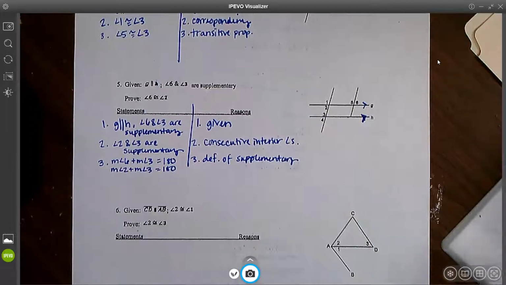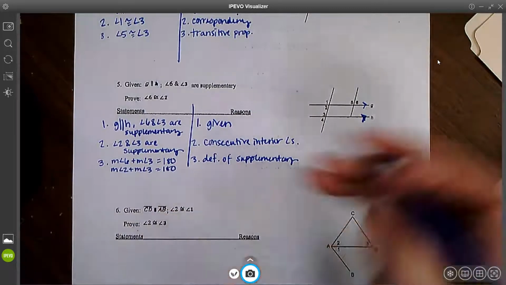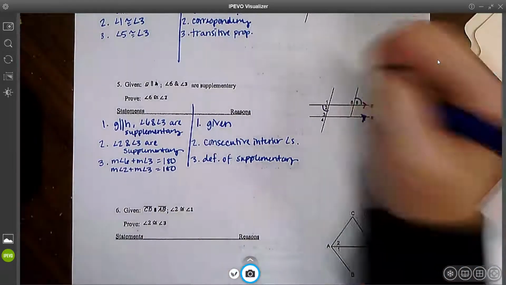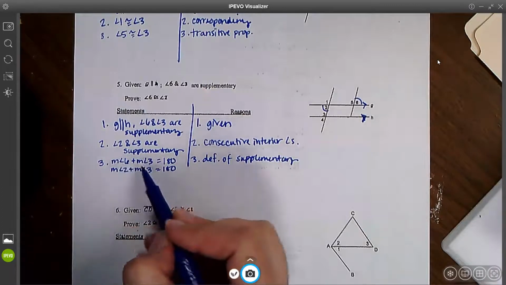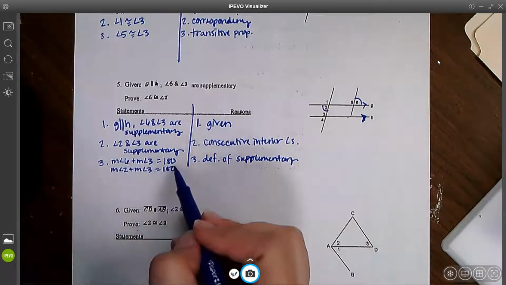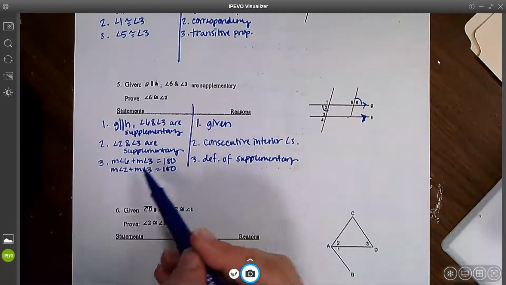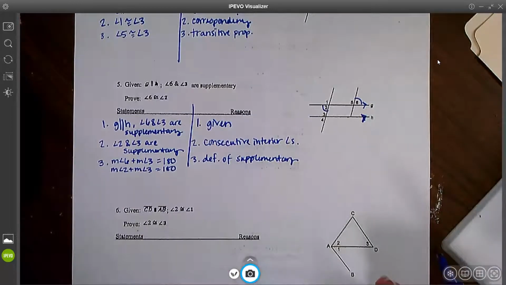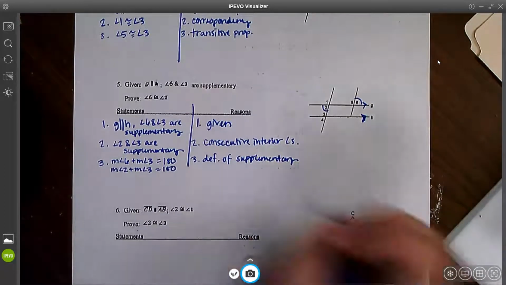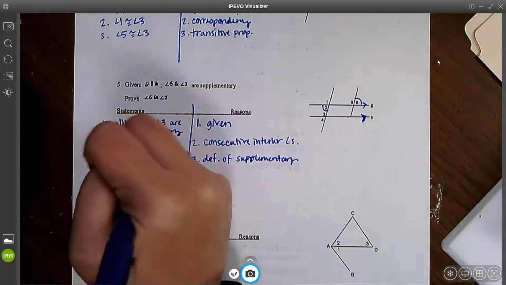So then I can say that the measure of angle 6 and the measure of angle 2 are congruent to each other, because if I substitute this in, if I add the same thing to the measure of angle 3, then I get 180, right? So these two are constants. If I subtract and solve, then I get the measure of angle 2 equals 180 minus the measure of angle 3, and the same for the measure of angle 6. I might even write that down just so you can kind of see what's going on here.